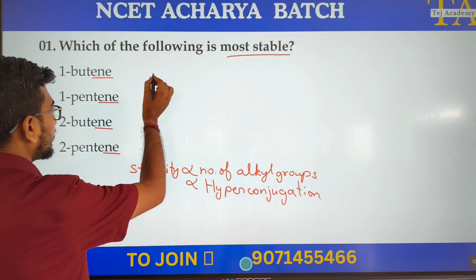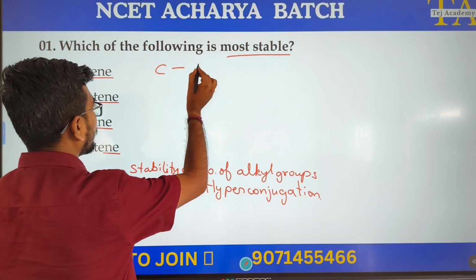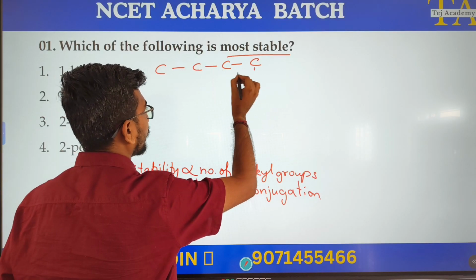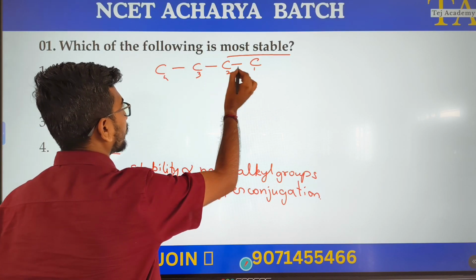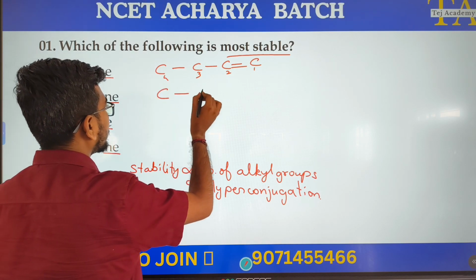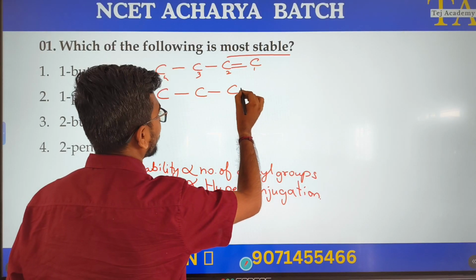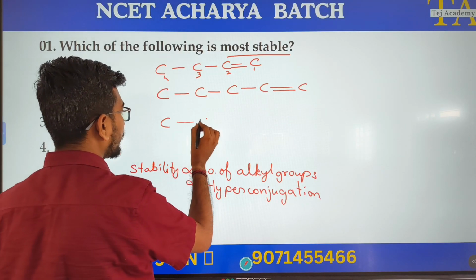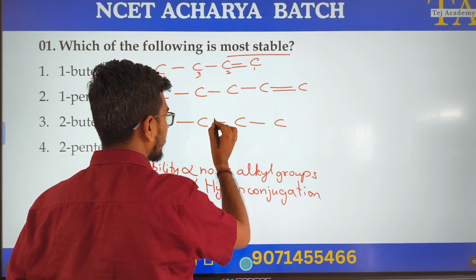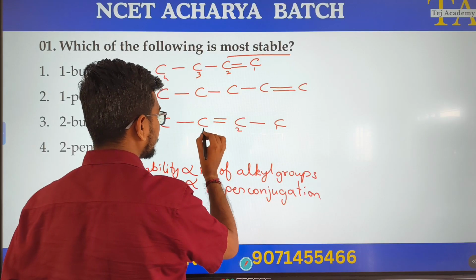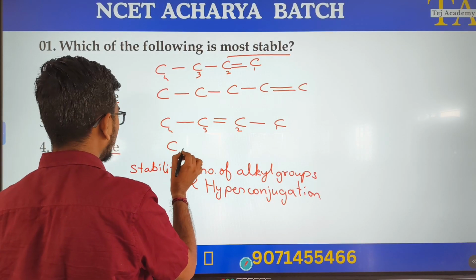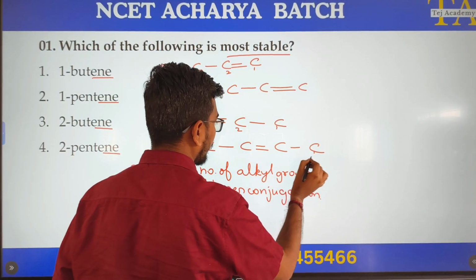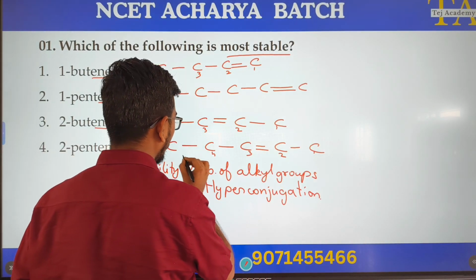Now, if you see the first option, 1, 2, 3, 4. So this is 1 butene. Second one is 1 pentene. Third one is 2 butene. That means the double bond is present at the second carbon. And the fourth one is 2 pentene, 1, 2, 3, 4, 5.